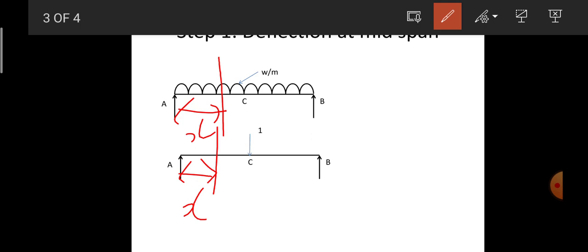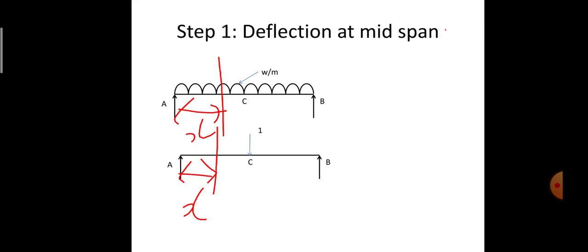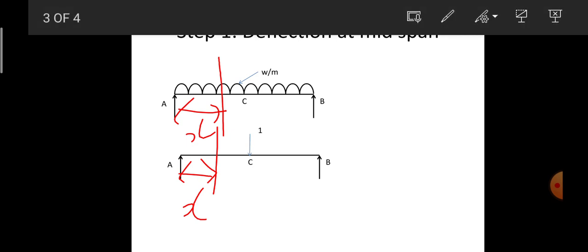Since this overall beam is symmetric in nature, the value of support reaction will be equal to W into L divided by 2, wherein WL is the total vertical load.